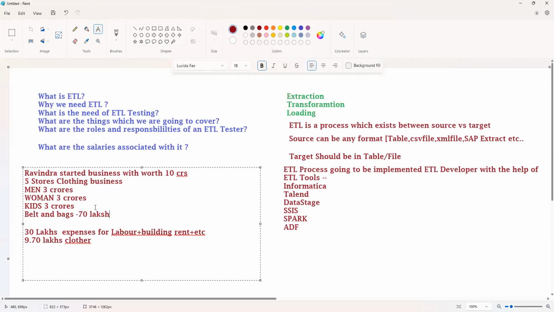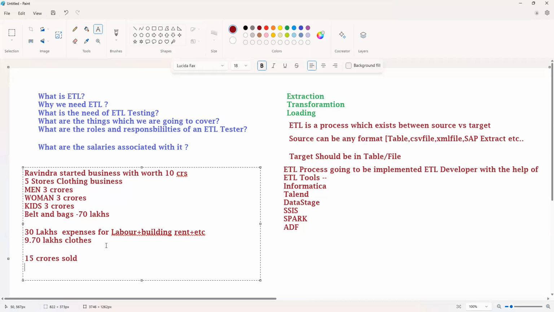Now what happened? He sold this particular business. Whatever he bought for 9,70,000, now he got around, just consider it, 15 crore. 15 crore he sold. Sold everything. Now, what is the profit, guys? What is the profit?